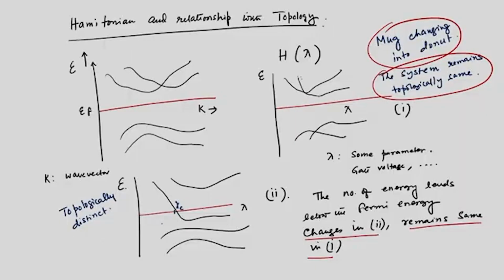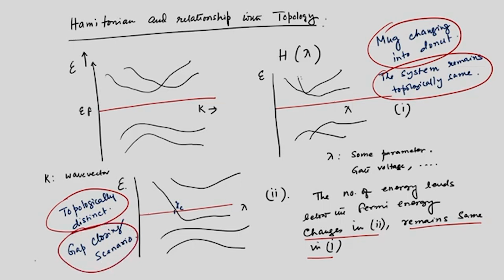So, they are topologically distinct, and this topological distinction is accompanied by a gap closing scenario. These are the two important features of the plots that I have drawn.